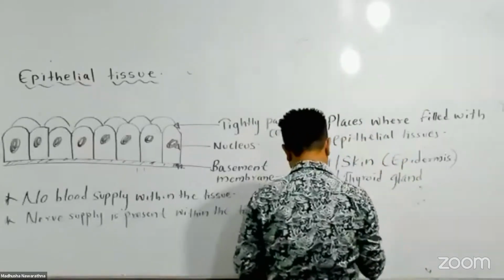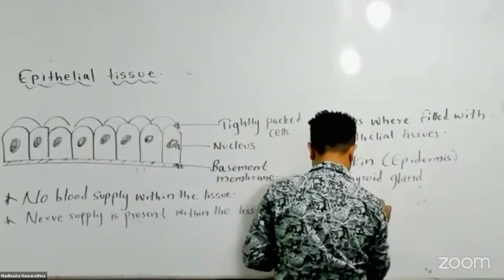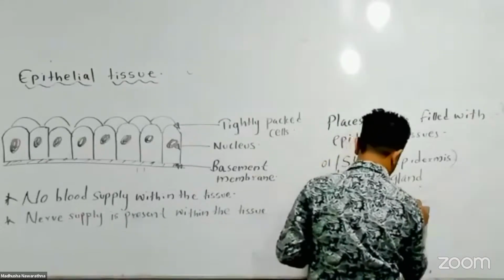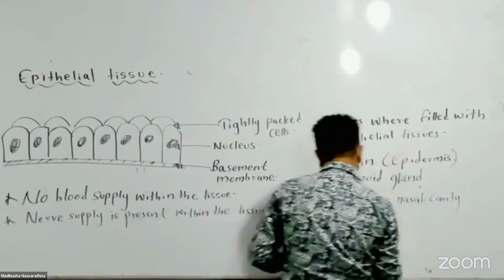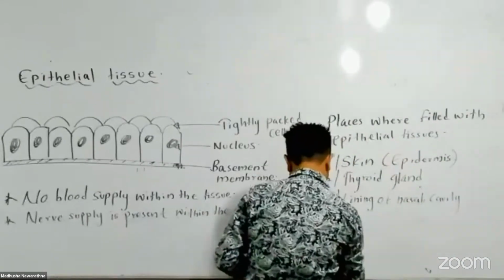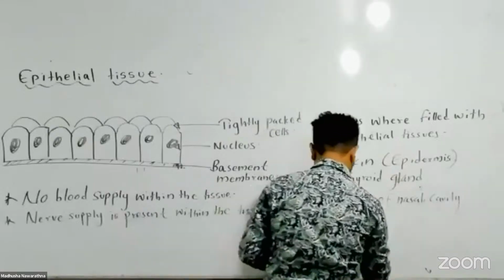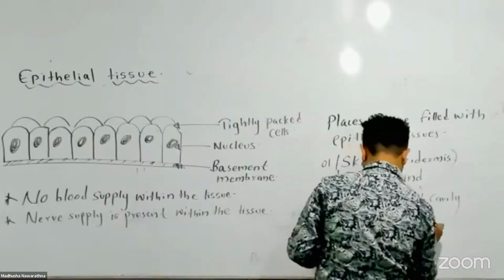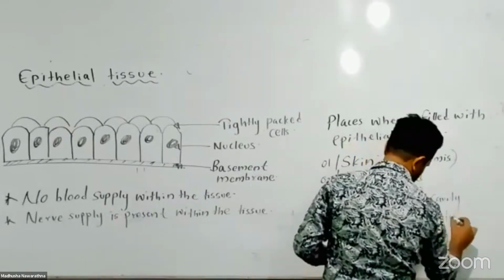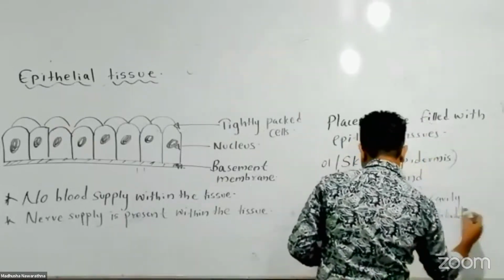Number 3, linings of nasal cavity. Number 4, walls of urinary bladder.